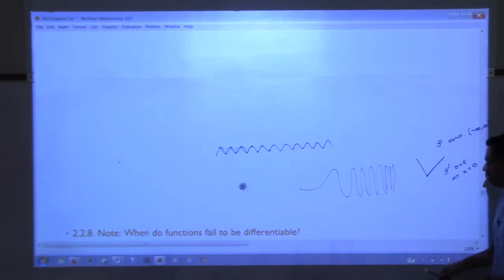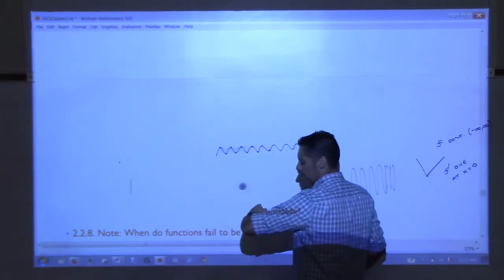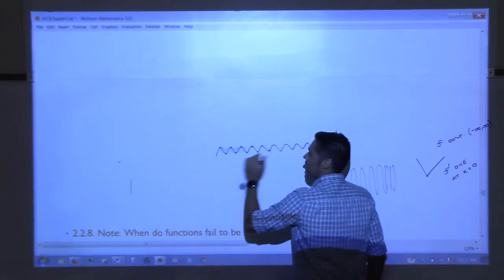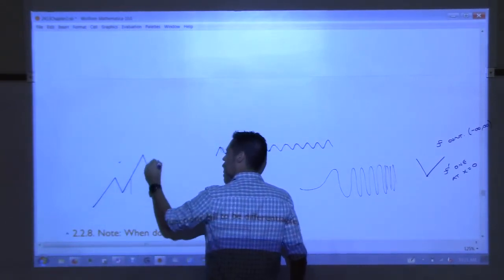So this eluded mathematicians for a long time until they actually found the function. It's called the Weierstrass function. I can bring it up if I have time, but it's this idea. It starts out like a saw blade like this.